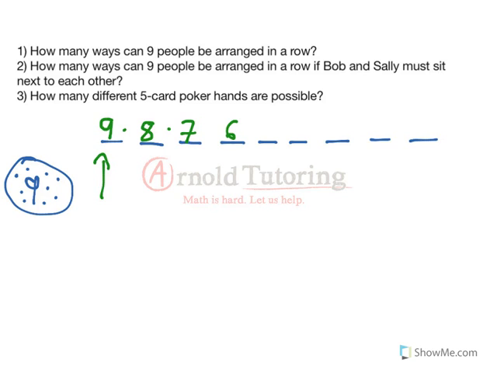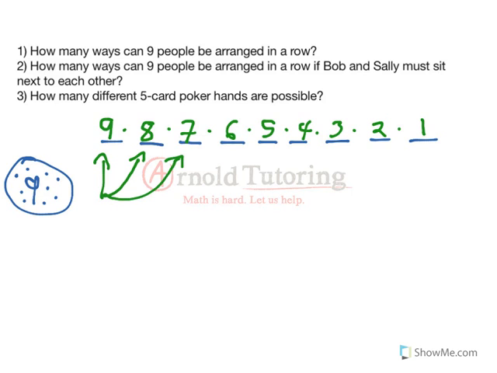We're going to multiply each of these together. It's going to be 5, 4, 3, 2, and at this point, there's only one person left from the group, so there's only one way to fill this last spot. You multiply all those together because of the word and. We can fill the first spot with 9 people, and the second spot with 8, and the third with 7.